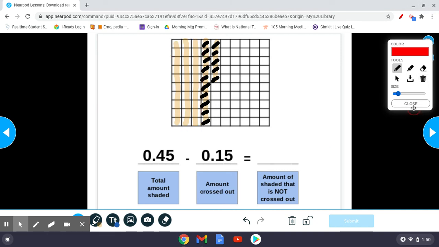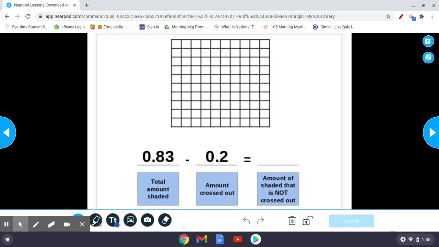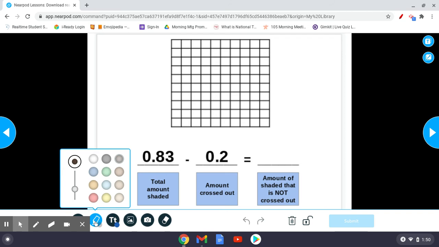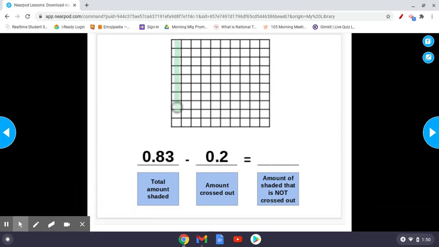All right, we got one more to take a look at. So taking a look at this slide here, once again, we modeled the subtraction problem. So I'm going to select the highlighter, go ahead and pick my color, and I have to start by modeling 8300. So that's the first thing. Shade in what we're starting with. Think about maybe I'm starting with 83 cents. Think money.